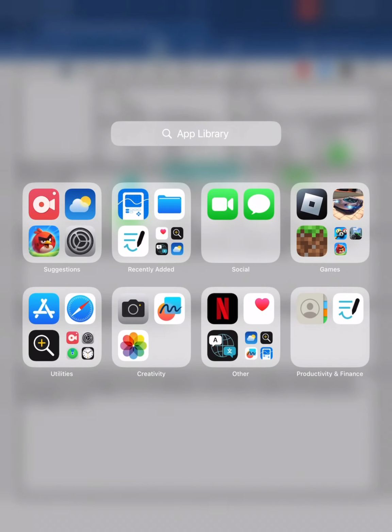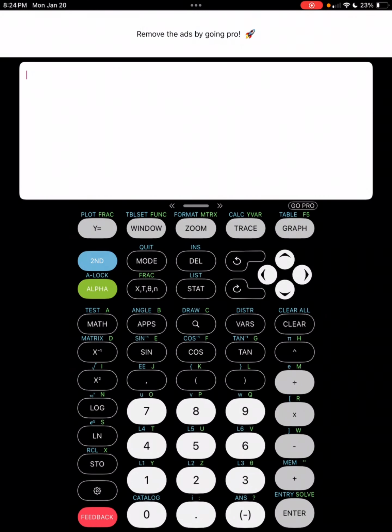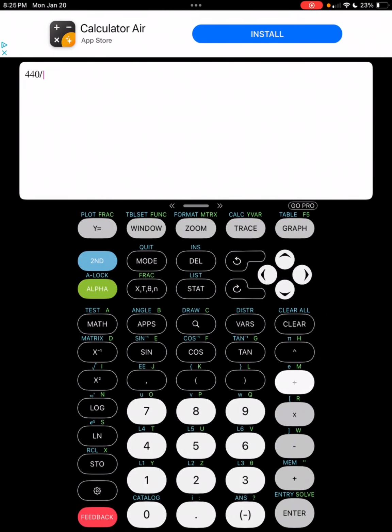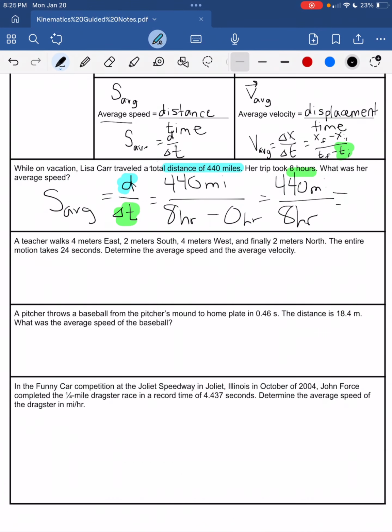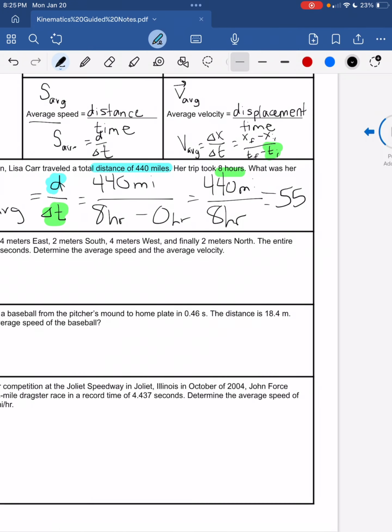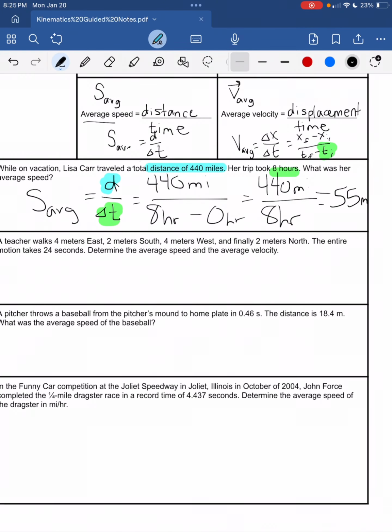So let's check that out on our calculator here. Divided by 8 hours, 55. And our unit here is mph, miles per hour is mph.